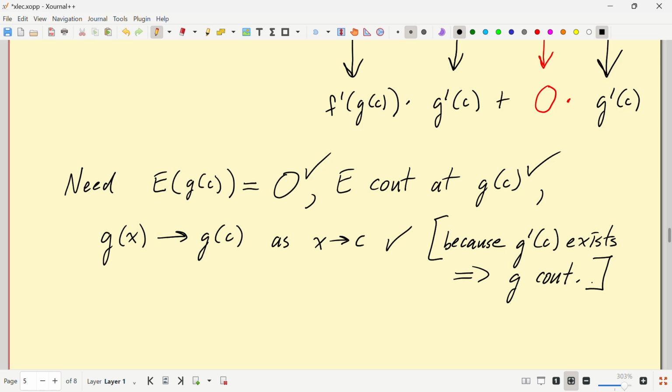Then when you're talking about the basics of differentiation, there's one more biggie to talk about, and that's the inverse function theorem.